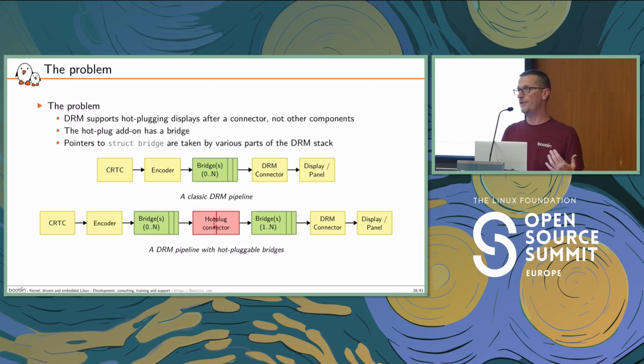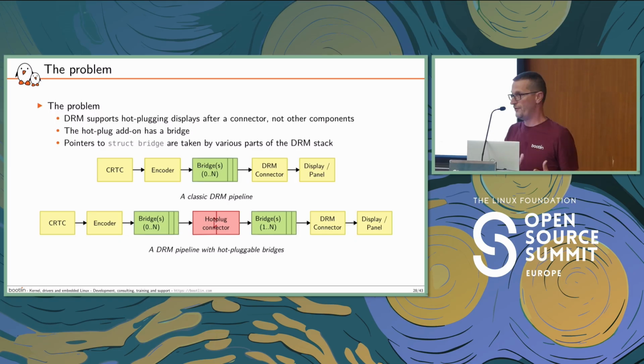Basically, we have MIPI DSI going through the connector, which has fewer wires, and then there is a DSI to LVDS bridge, because the display panel is LVDS. This is not possible with DRM currently. The reason is that bridge drivers, up to recent kernels, up to 6.15, just allocate a struct drm_bridge on probe and deallocate it on remove.